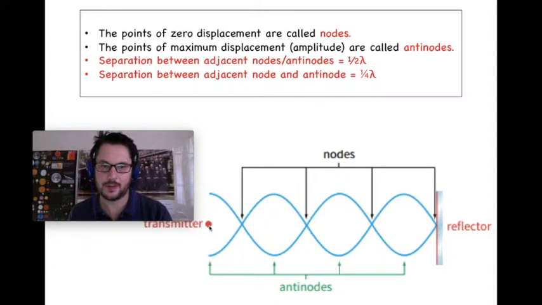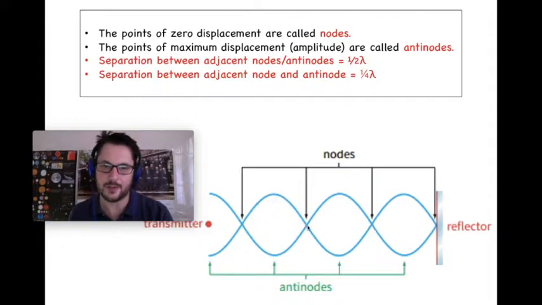So here we've got a transmitter. This is actually an antinode. You can see here that the waves are not coming directly; they're coming out of the transmitter as an antinode. Here we've got a node where there's zero displacement, and we can see that one wavelength is all the way to here, isn't it?